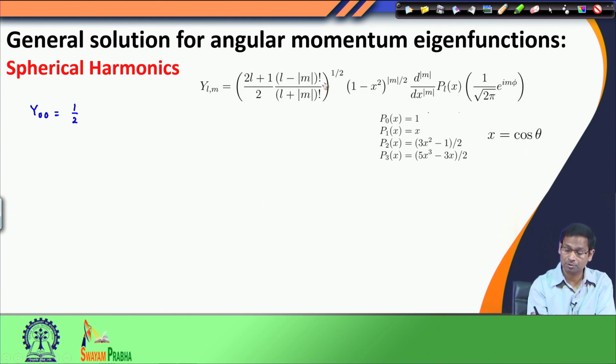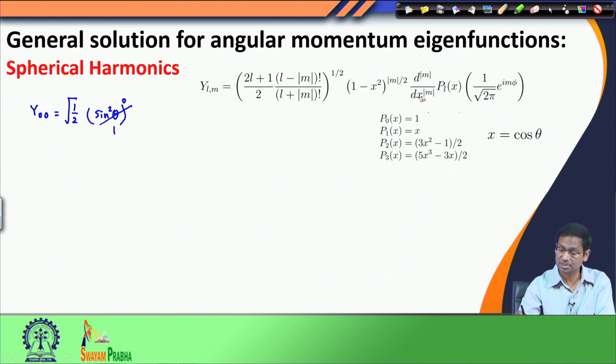Therefore, 1 by 2 under square root, and 1 minus x square, where x is cos theta. So, 1 minus x square is 1 minus cosine square theta, which is sine square theta, but raised to the power m by 2. What is m? m is 0. So, this is raised to the power 0, and therefore this becomes 1.